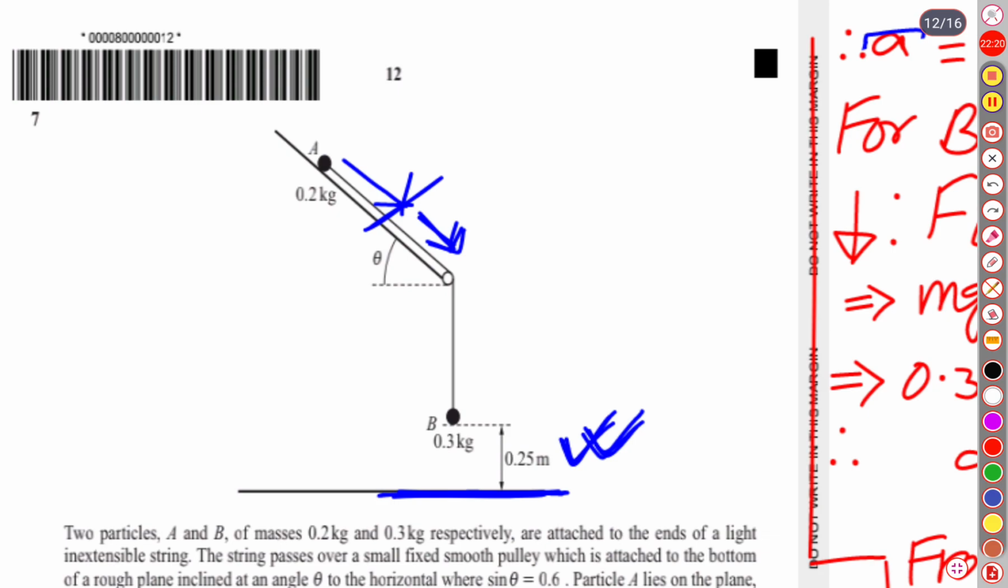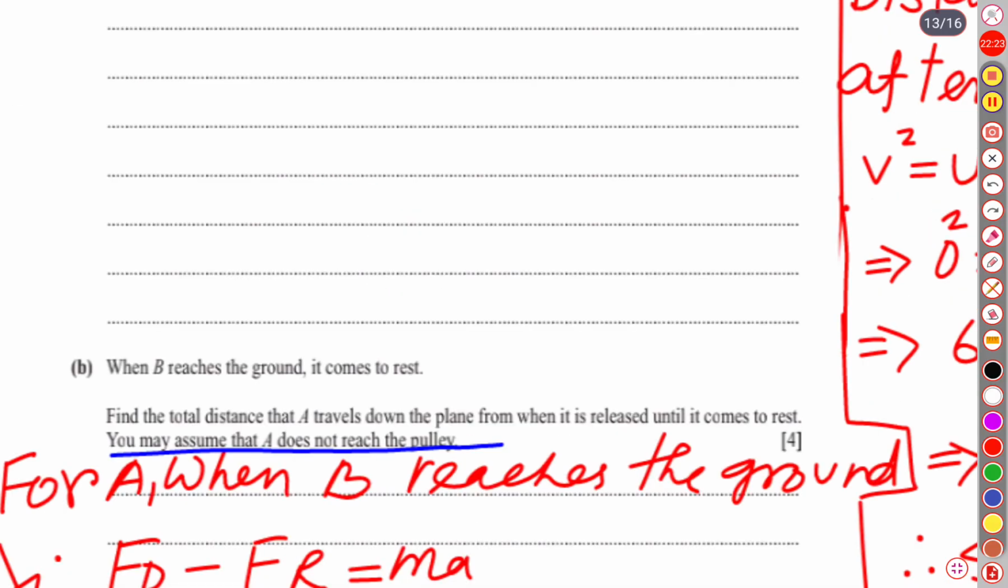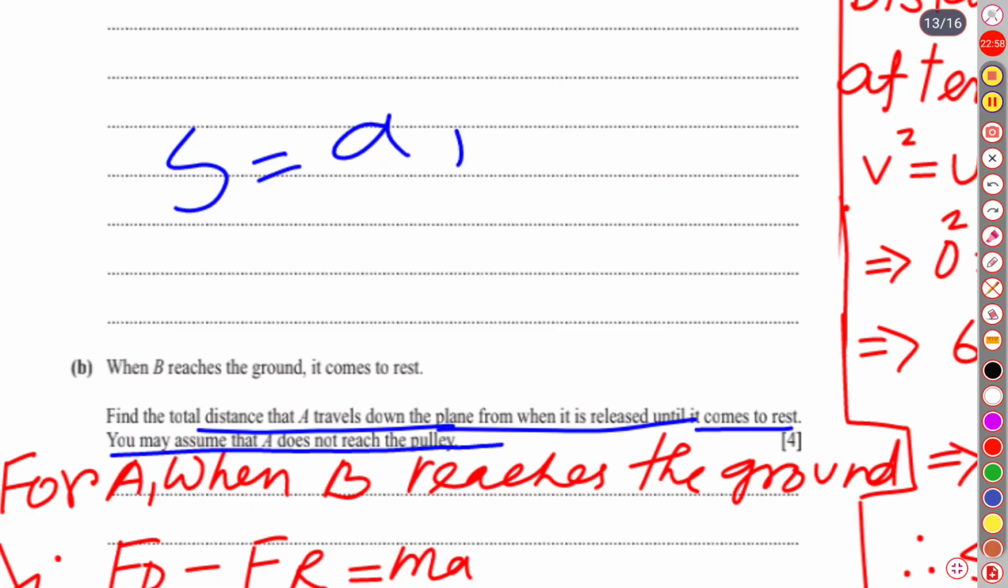So let's start our solution. Before solving the major part, we will have to pick the concept we are going to apply. Here they have told us to find the distance A travels down the plane from when it is released until it comes to rest. That means it is all about distance, S. What information can we extract from the given scenario? We can get acceleration, and initial and final velocity.